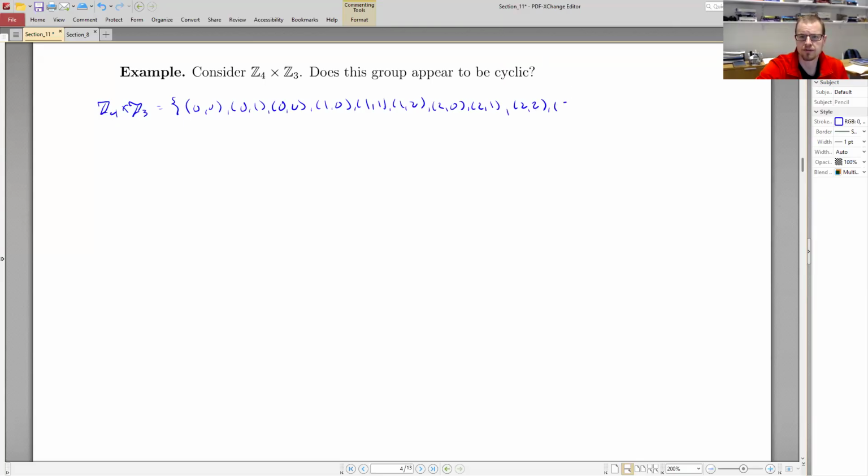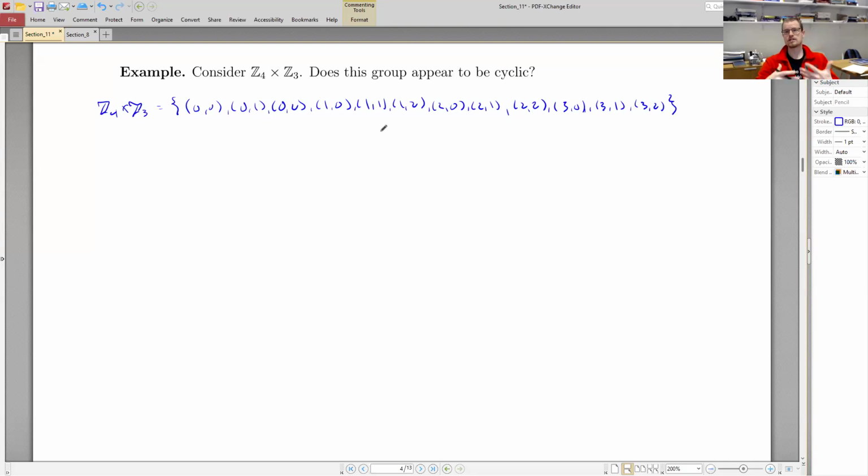And then finally (3,0), (3,1), (3,2). Excellent. That is our 3, 6, 9, 12 elements of this set.